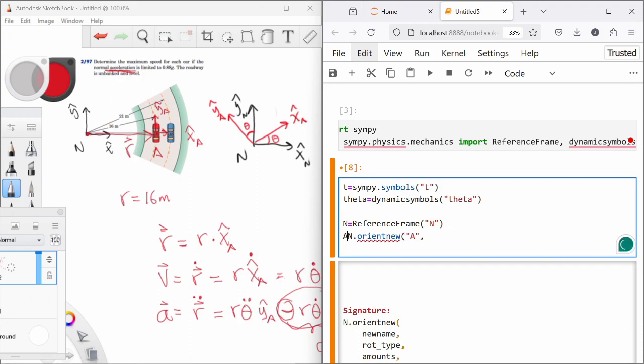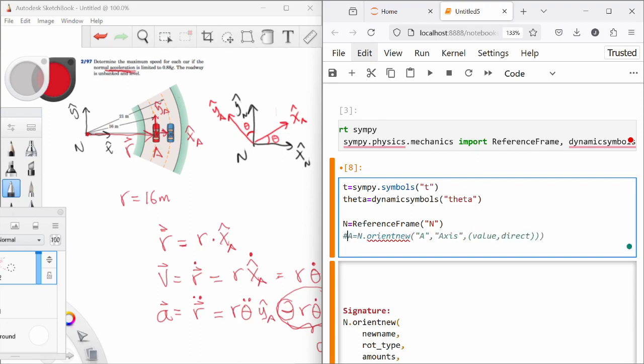We are storing that in the variable A. I like to have the names consistent from the name of the variable and the name of the frame. Then we select the rotation type as axis, and then a tuple that will have a value and a direction of rotation.